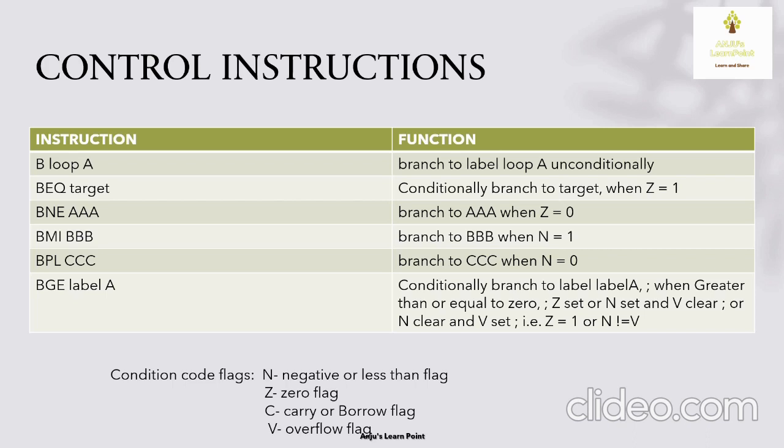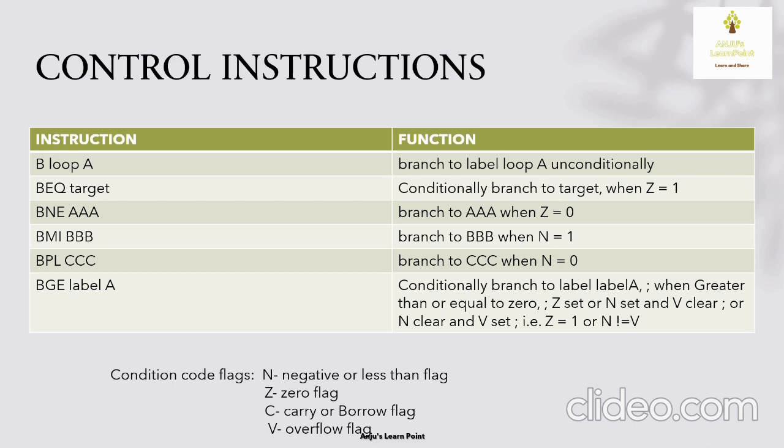When you look at the other examples, we can see that they are conditional control instructions. The second example, BEQ target, means conditionally branch to the target when Z equals 1, or we can say that the zero flag is set.